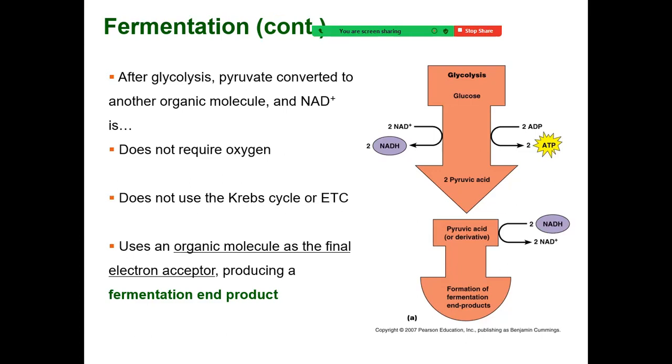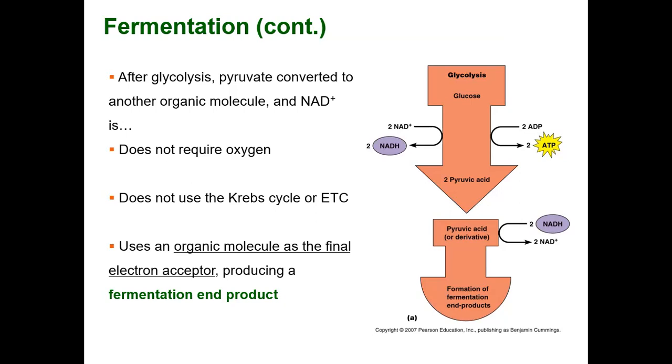So it's usually 1 or 2 chemical reactions after glycolysis to finalize fermentation. Fermentation does not require the presence of oxygen, so it can happen when oxygen is around, or it can happen when oxygen is absent.